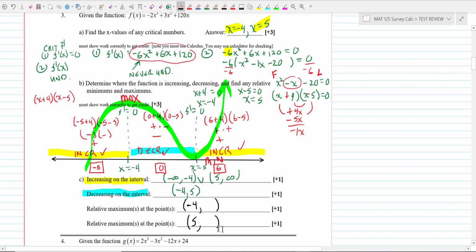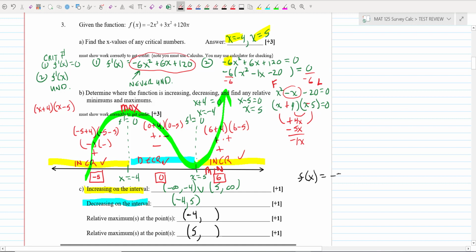Now, generally what I would tell students to do on this is you're either going to plug into the function, so you could get these answers this way. Your function that we are analyzing is -2x to the third plus 3x squared plus 120x. So you can work out f of -4 just by plugging in, and you can work out f of 5 by plugging in.